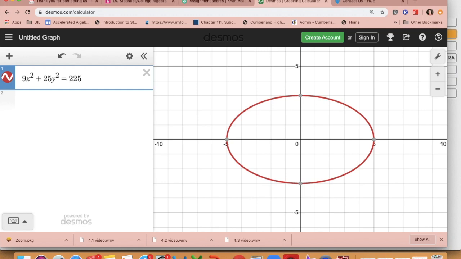I'm going to put down that the center is 0, 0, and that the horizontal distance is 5 steps from the center. For lack of a better term, the horizontal radius, I don't want to use the word radius, but I'll say horizontal distance. Then the vertical distance from the center is 3 steps. And we're going to look at why that is.